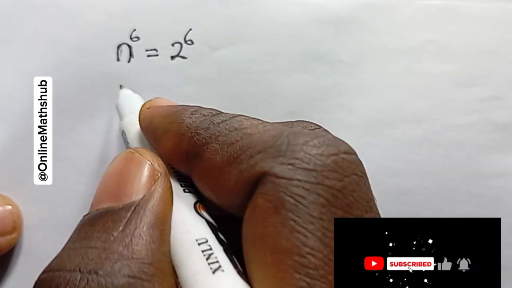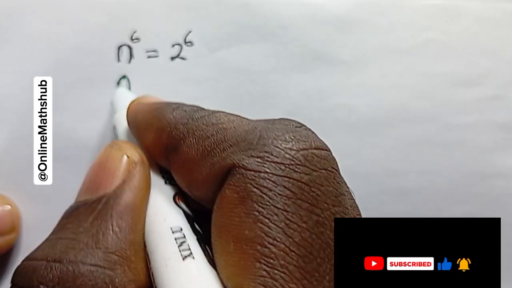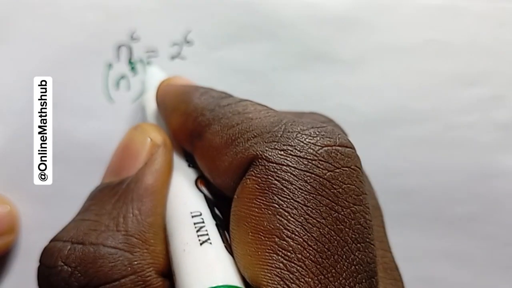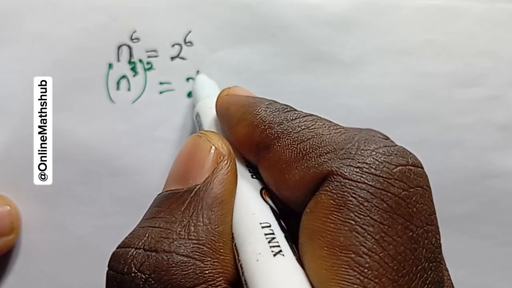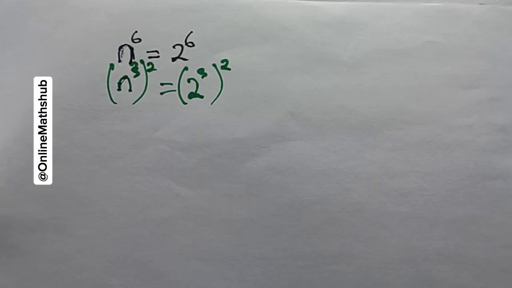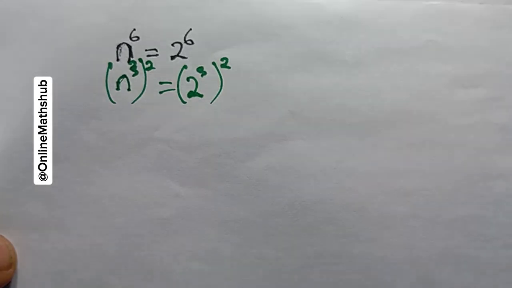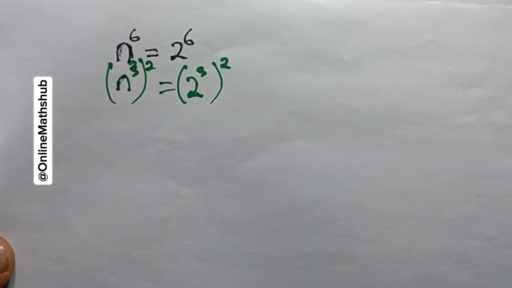Okay, so what I'm going to do is to write this n power 6 as n power 3 raised to power 2 is equal to, I will do the same here, so this is 2 power 3 raised to power 2. I haven't changed the equation because when you multiply this 2 by this 3, you get 6, and this is exactly what I did over here.